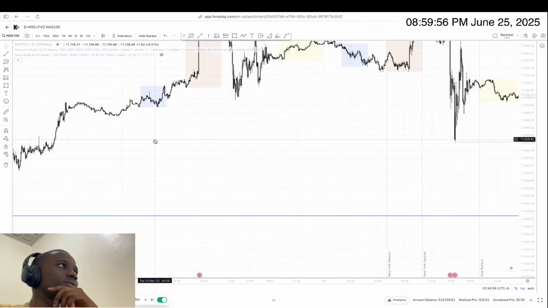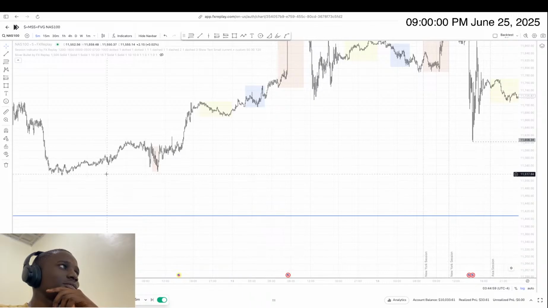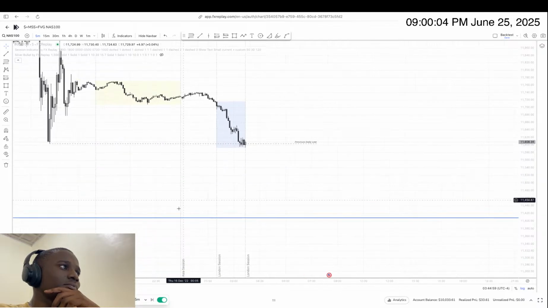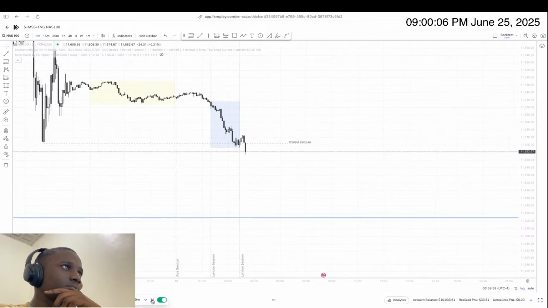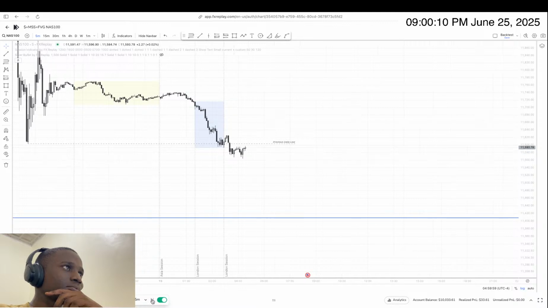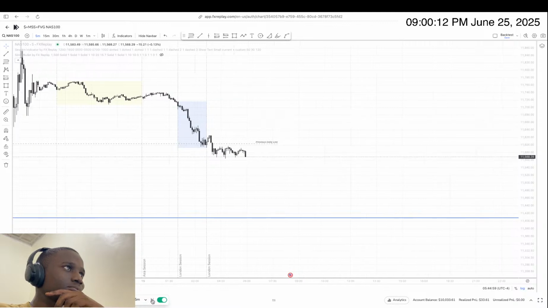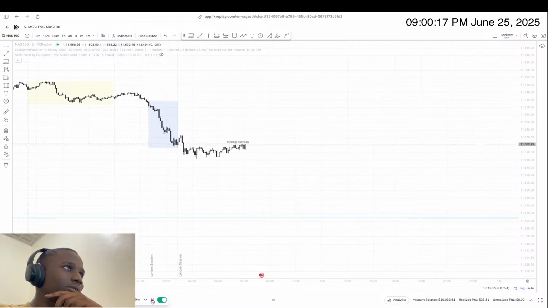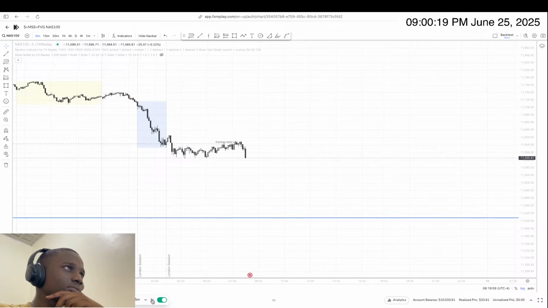There were some equal lows right here. Yeah, these ones. We haven't reached them as well. Okay, we get a consolidation in the kill zones.